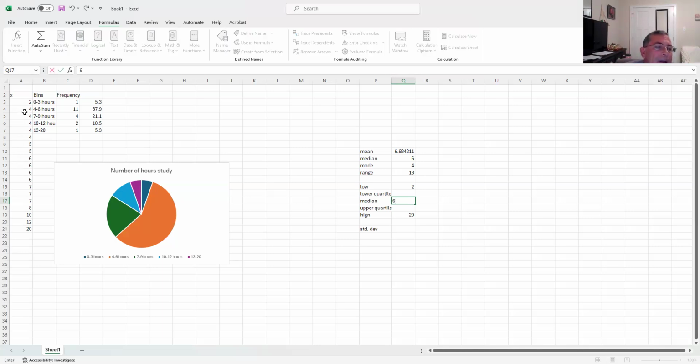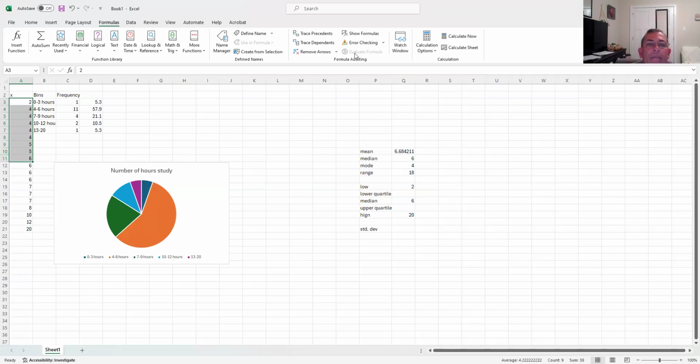And then notice I got 9 on this side and 9 on that side, okay? So to get my lower quartile, I find the middle of my bottom 9 numbers. So let's highlight them. 1, 2, 3, 4, 5, 6, 7, 8, 9.